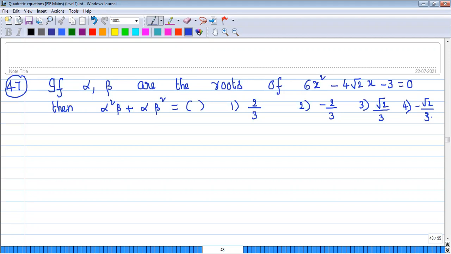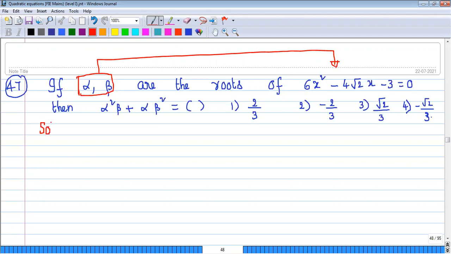Since alpha comma beta are the roots given, we can directly find alpha plus beta and alpha beta. From alpha square beta plus alpha beta square, take alpha beta common and substitute. See, alpha beta are the roots of this equation.